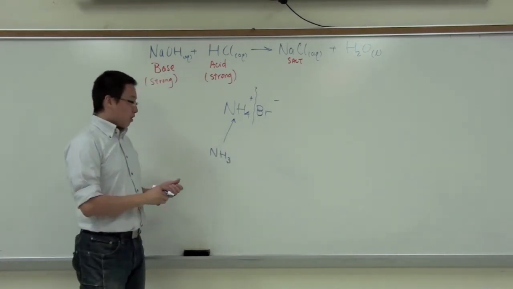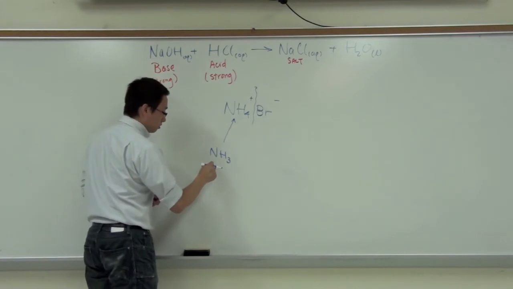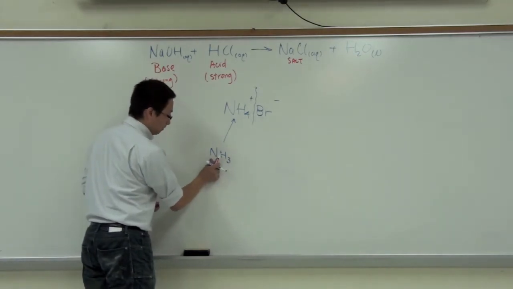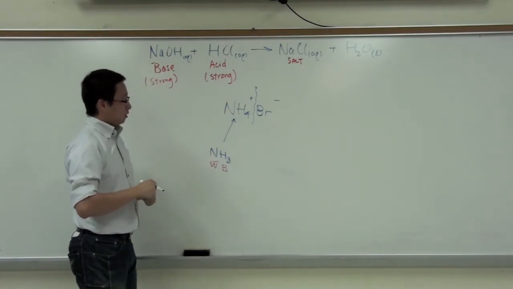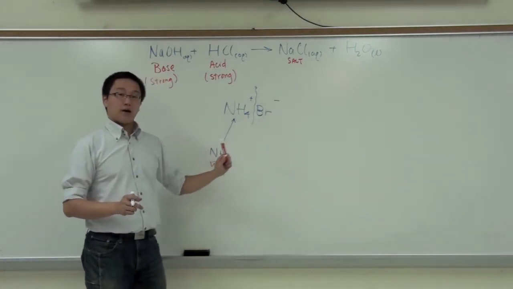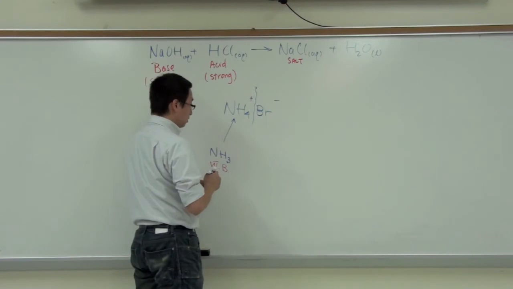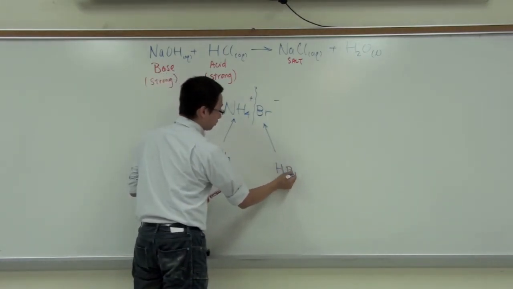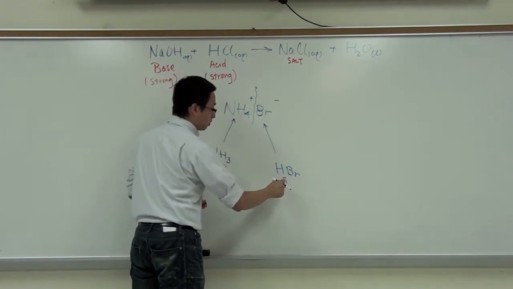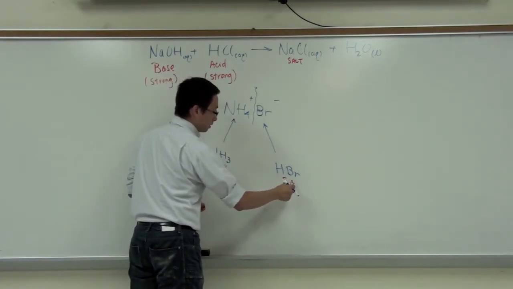So this is a weak base. For the bromide ion, it's coming from HBr. This is a strong acid.